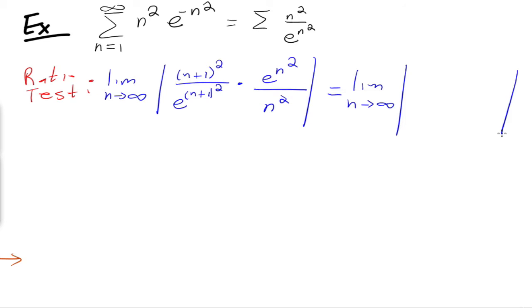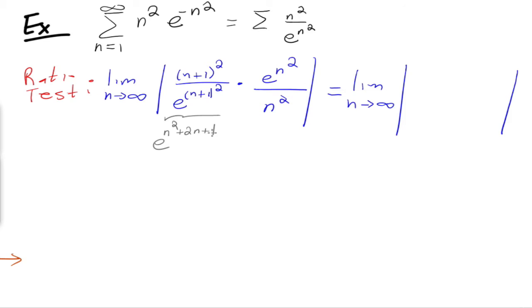So the e's, right? What happens with the e's? So let's say I rewrite this one. If I square the exponent, this is going to be e to the n squared plus 2n plus 1, right?